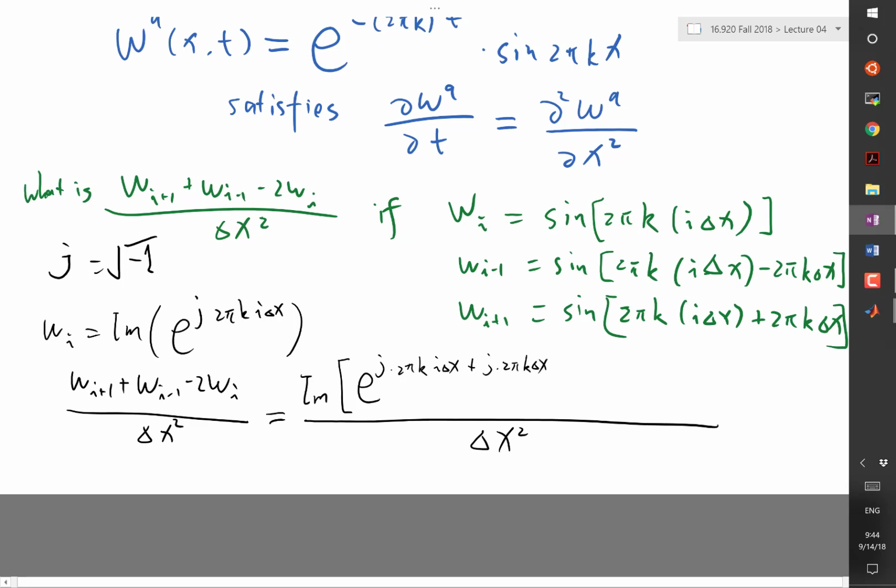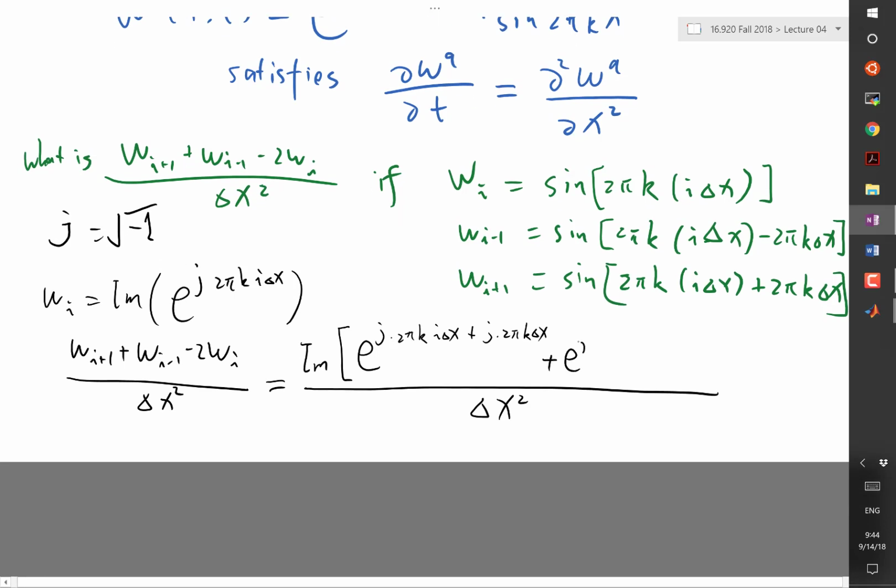So this is wi plus 1, the value of the sine function at the right hand side grid point. Also plus the same thing on the left hand side grid point, minus j times 2 pi k delta x, so that is at I minus 1. And finally, we minus 2 times wi, which is just e to the j 2 pi k I delta x. Any questions on this?